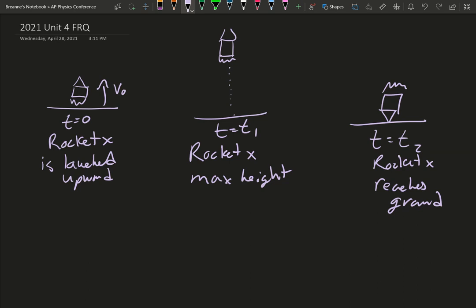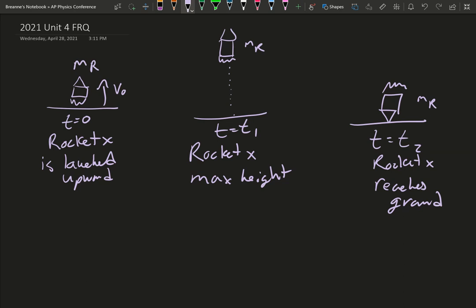So it states, students conduct an experiment to study the motion of 2 toy rockets. In the first experiment, rocket X of mass m, so all of these little rockets have little m masses, is launched vertically upward with an initial speed of v0 at time t equaling 0.